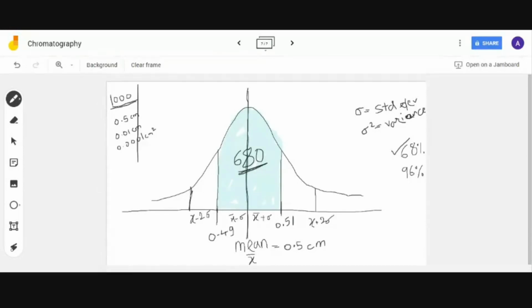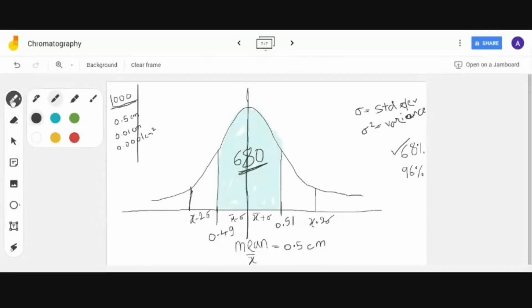For these 680 tablets, the thickness of the tablet will be between 0.49 centimeter and 0.51 centimeter. Okay, there is one more characteristic which I need to remind you before we proceed further.